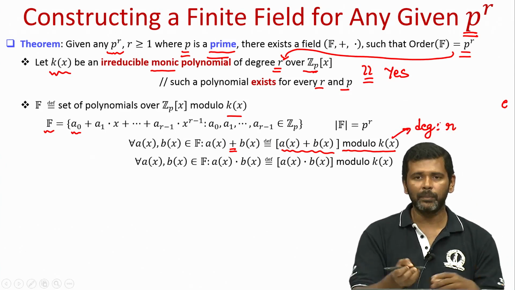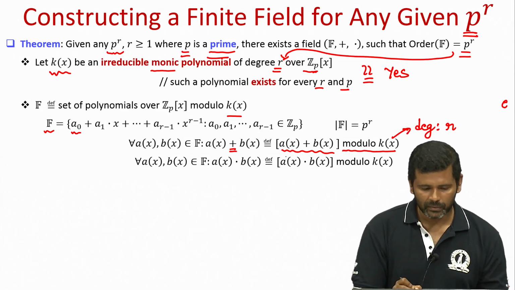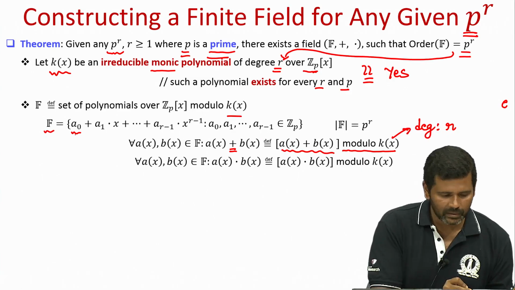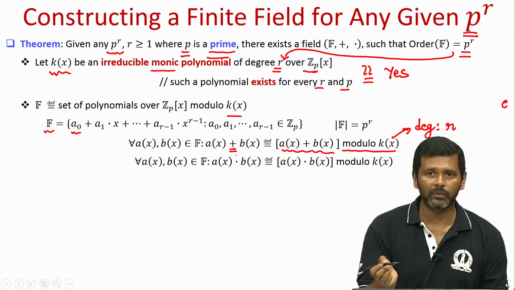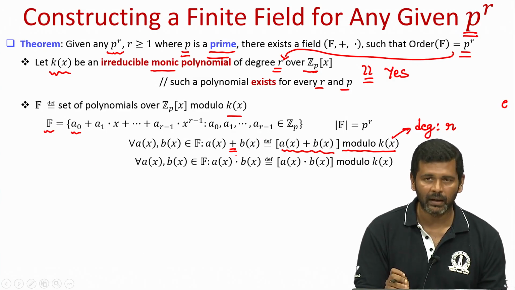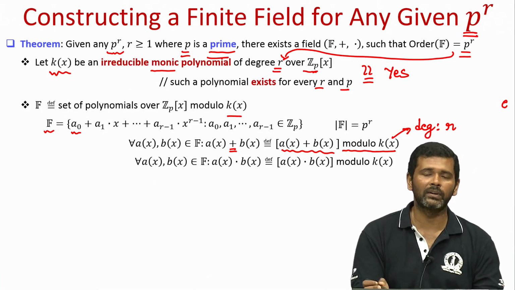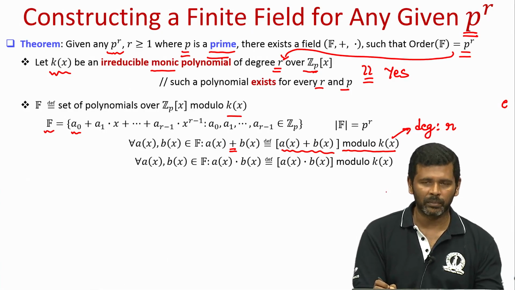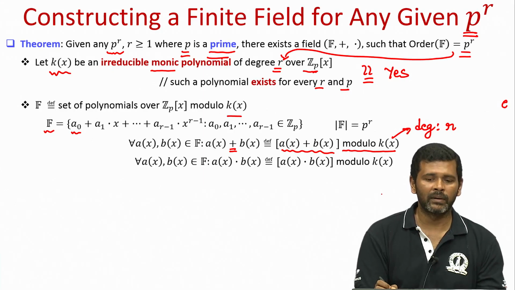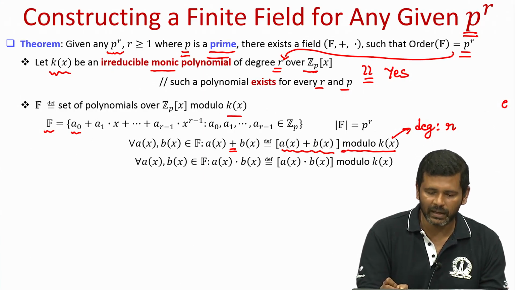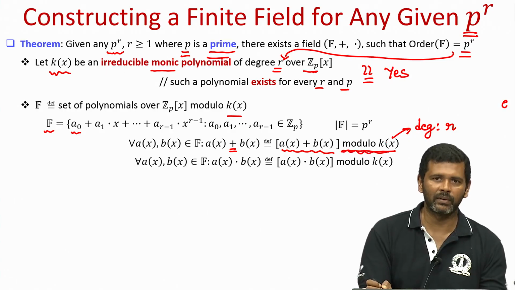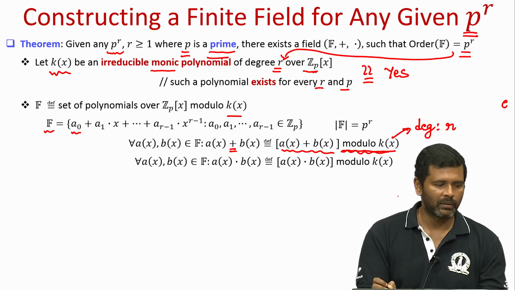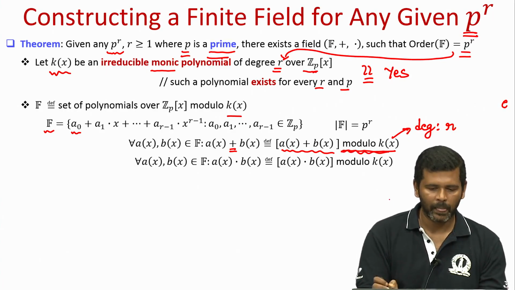So, if I reduce any polynomial, even if, to begin with, my a(x) and b(x) polynomials both have degree r minus 1, and I add any two polynomials of degree at most r minus 1, I will still obtain a polynomial of degree at most r minus 1. So, in fact, I do not need to take modulo k(x), because the effect of modulo k(x) will not take place.